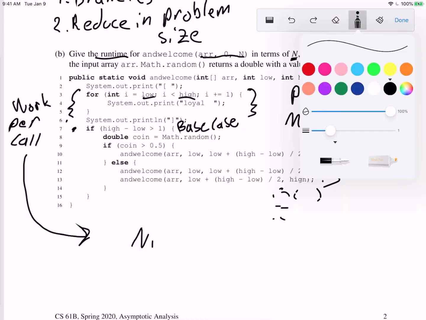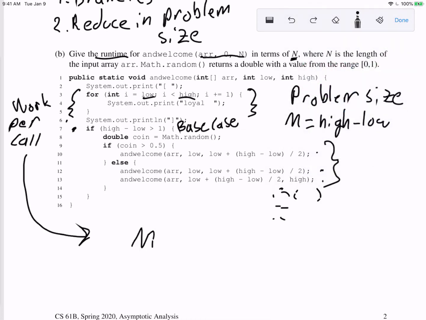It's m, because it just goes from low to high. Now we can figure out the reduce in problem size. The low stays the same, and the high changes to the average of low and high. If you do the math, this is basically low plus high over 2.